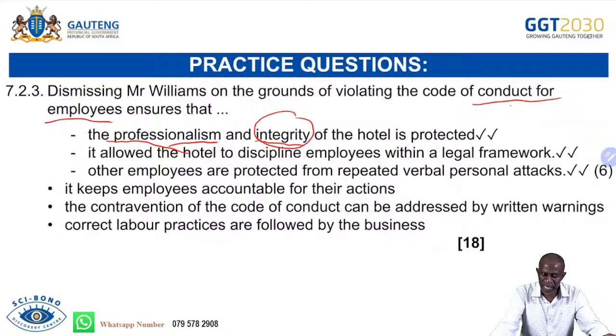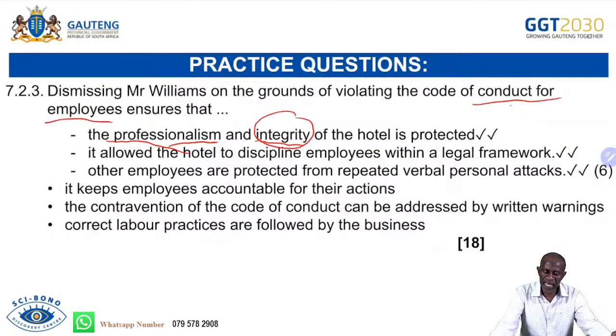So Mr. William was seen in violation of the code of conduct. Other employees are protected from repeated verbal personal attacks. So remember, he was accusing some of his co-workers of reporting him, though without proof. So such employees need to be protected.